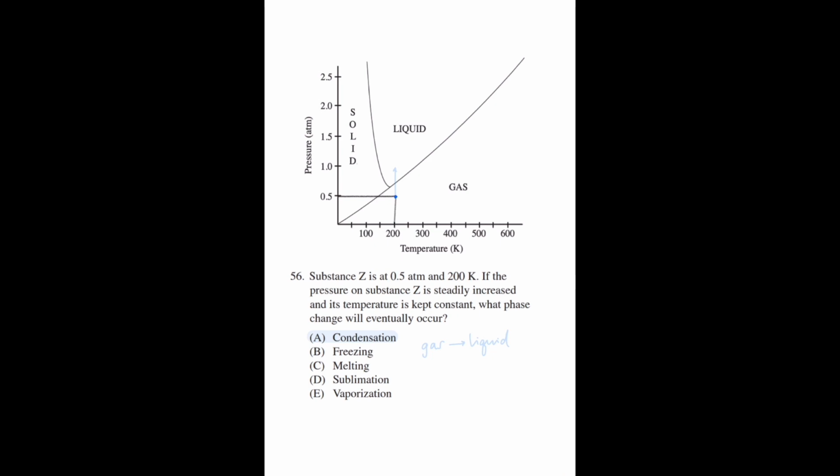And so we can mark that in blue, and we know the temperature is kept constant and the pressure is steadily increased, which would bring us in this direction on the diagram, going from the gas phase to the liquid phase. And given our options, if we're considering what phase change occurs, it will be A, condensation.